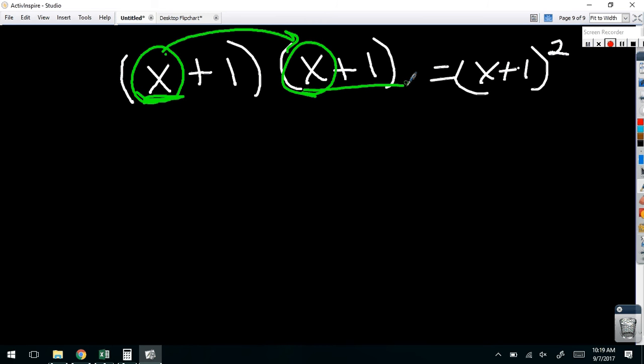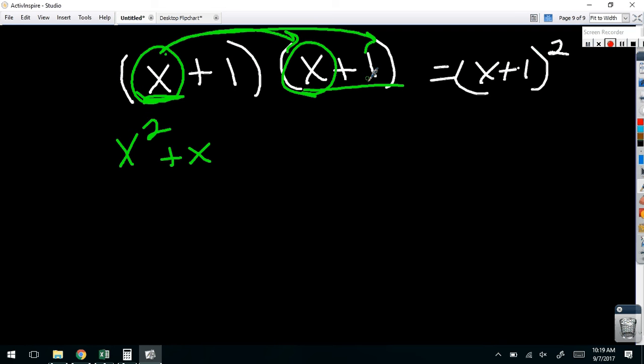So what is x times x? X squared. X plus x is 2x, but x times x is x squared. How about x times 1? X. Now, this term has distributed to everything in this set, right? And then plus 1 times x is 1x. Plus 1, I'm putting my 1.